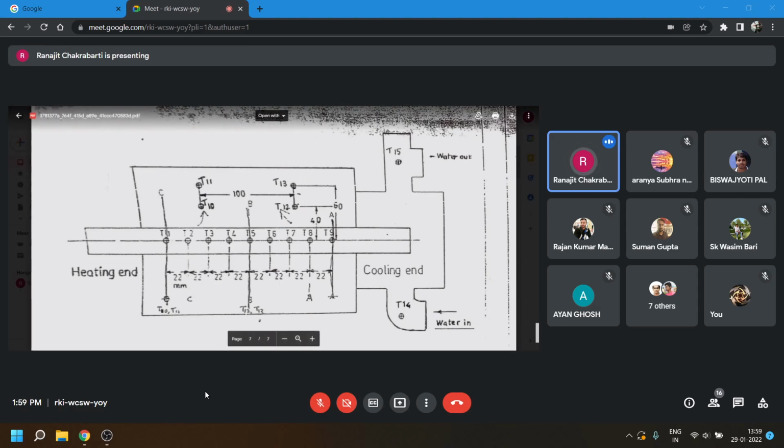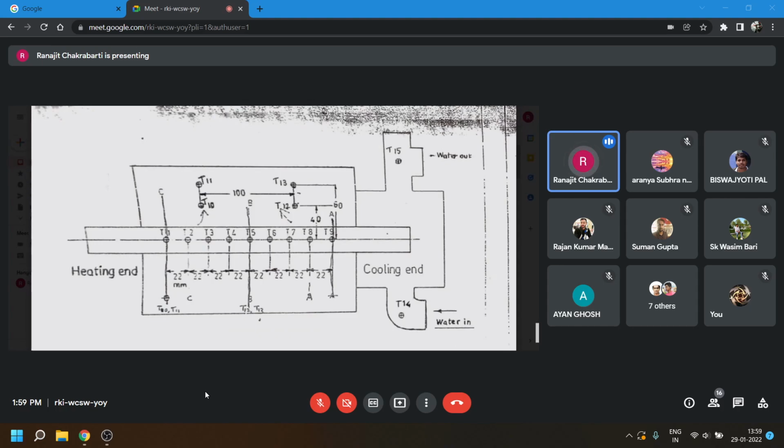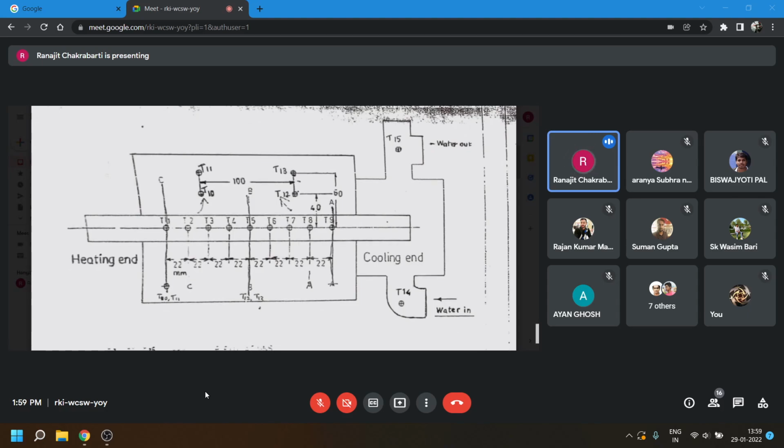Now, this section is at a lower temperature, this is at a higher temperature, this is at a much higher temperature, so the temperatures are also different. Now, if we plot a curve between the thermal conductivities along the y-axis and the temperatures along the x-axis, that is temperature at plane BB, temperature at plane A, then we'll get a K versus T curve.